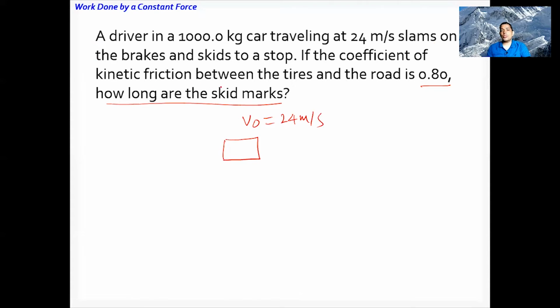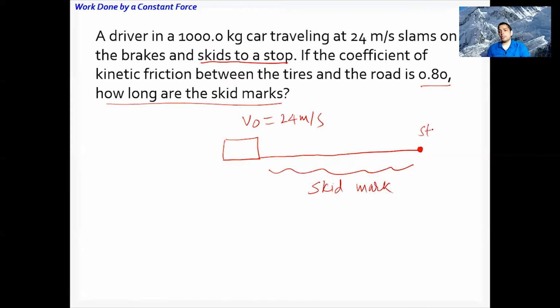He slams on the brake, meaning there is friction. Brake means friction, right? Without friction, there is no brake. Braking means applying friction, okay? Let's put it that way. So when he applies the brake, meaning he's going to stop. So there is skid until it stops. So it skids to a stop. Okay. So everything here is stop, skid mark.